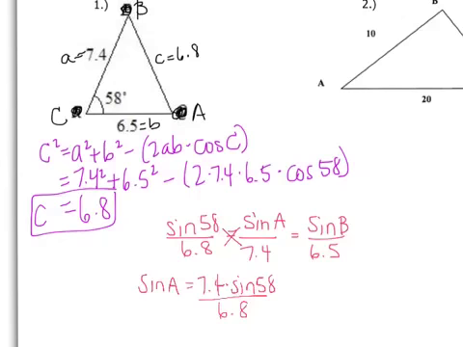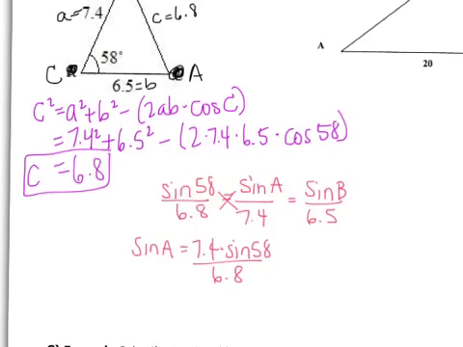When you do all of that on your calculator and then take the inverse, angle A should come out to be 54.2 degrees. Once you have the second angle measure, just subtract the first two from 180, okay?